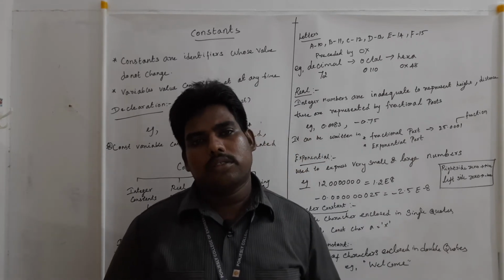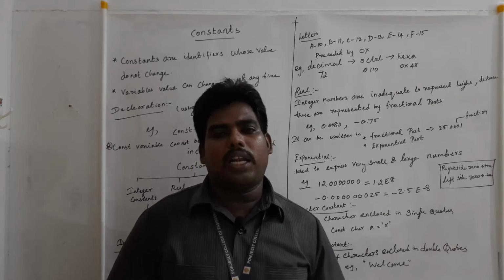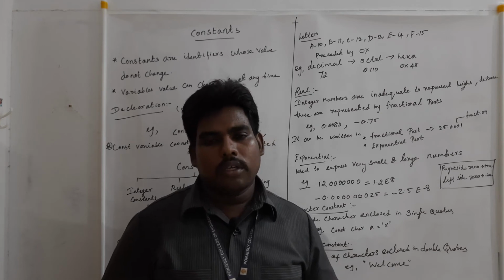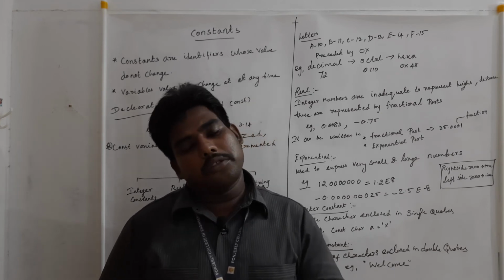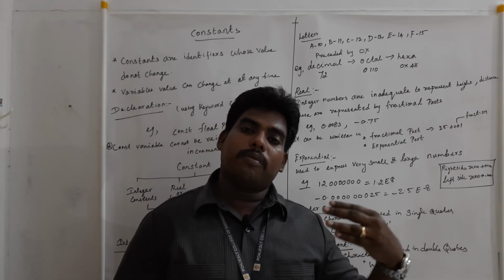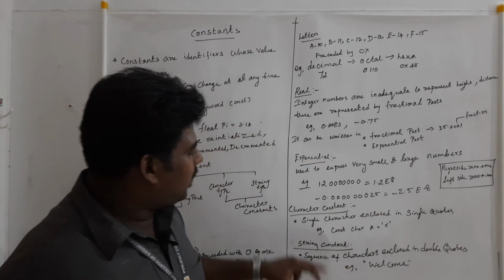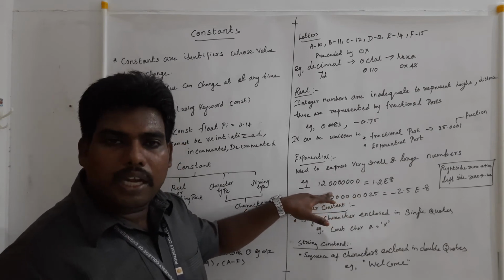What is the need? If you want to represent a very small number as well as a very large number, that is minus 0.0000 like that, as well as a very big number, we need an exponent. See here, 12, how many zeros are there? How big a number is here?